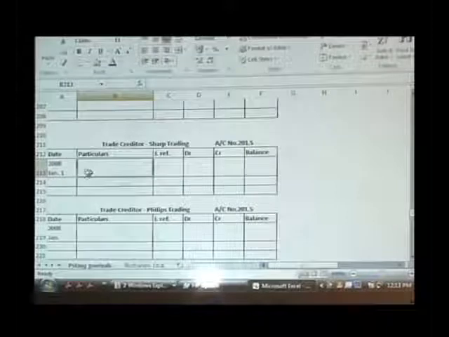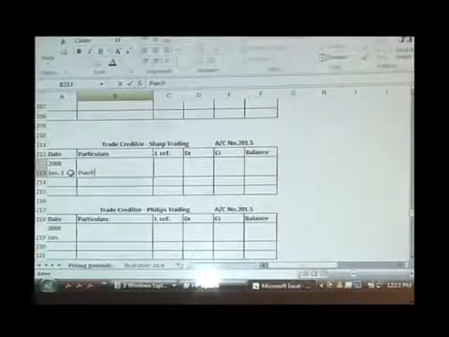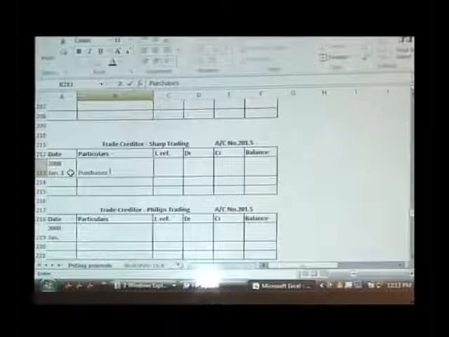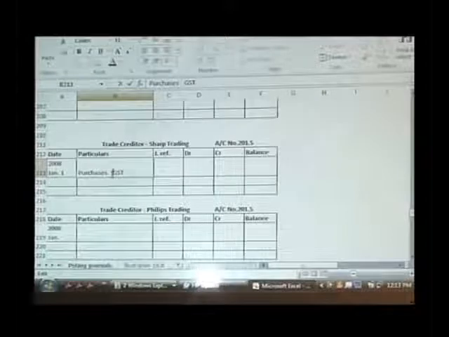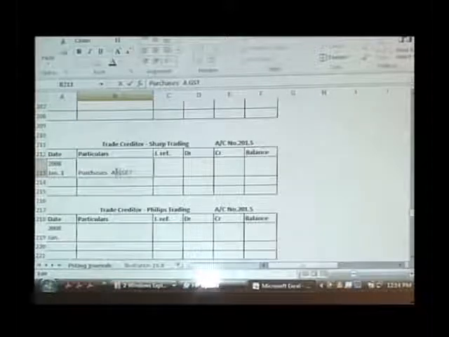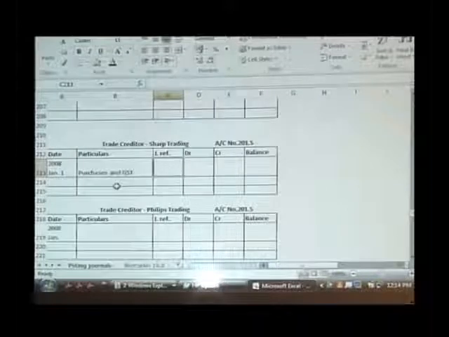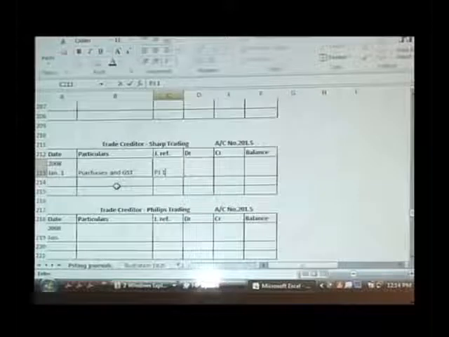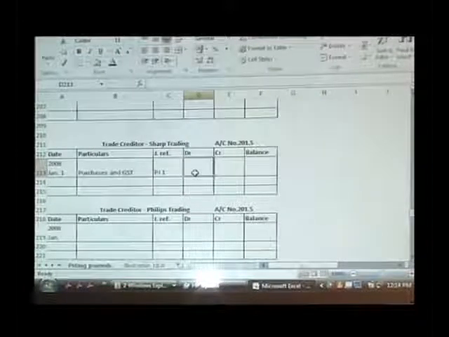Then it is purchases and GST control. Purchases journal, page number 1.